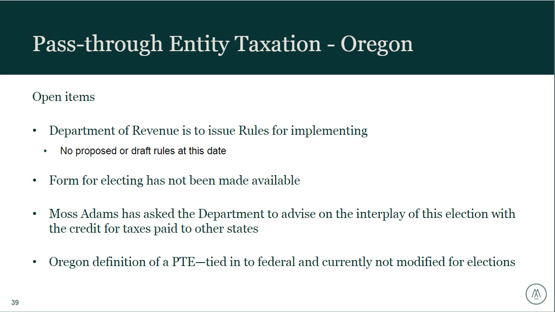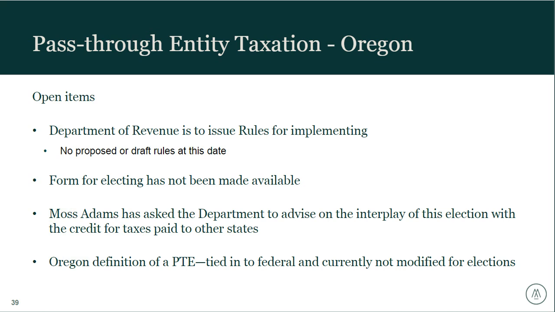For an Oregon resident that is a California non-resident, if that entity makes the election, we don't know right now if the Oregon resident will be able to take a credit for the California tax paid by the entity. That's an open issue, and the department has said they'll get back to us. I think we sent that question in before October 15th. So that is a big open item.